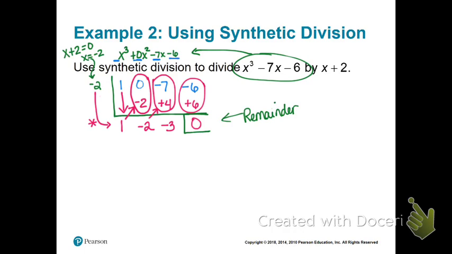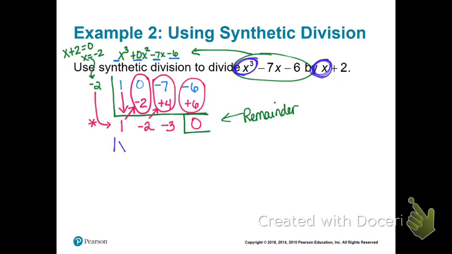Okay, so my bottom numbers there are coefficients, just like the numbers at the top were coefficients. So let's think about this, though. When we started this problem, we were dividing this x cubed by an x. What is x cubed divided by x? X squared. So that means my answer is going to start with x squared.